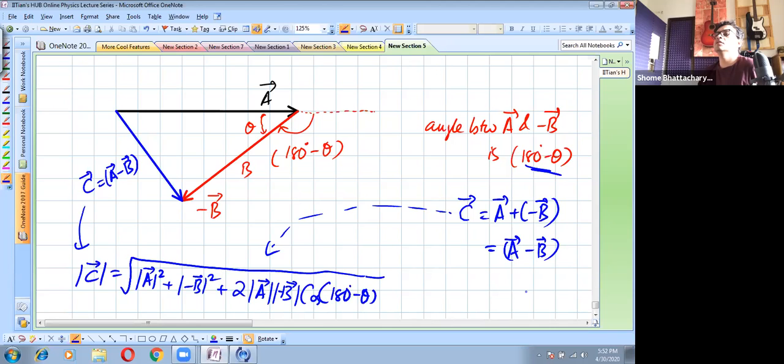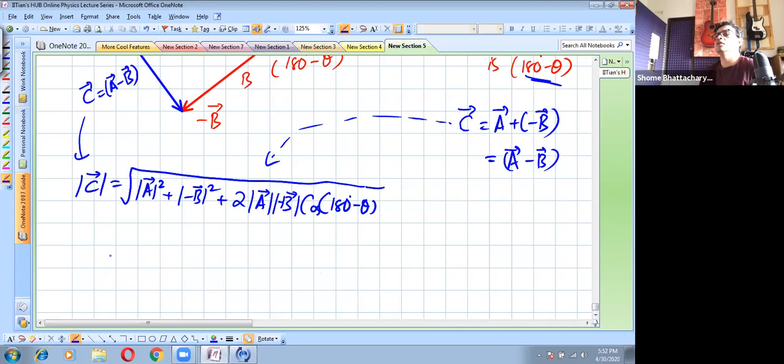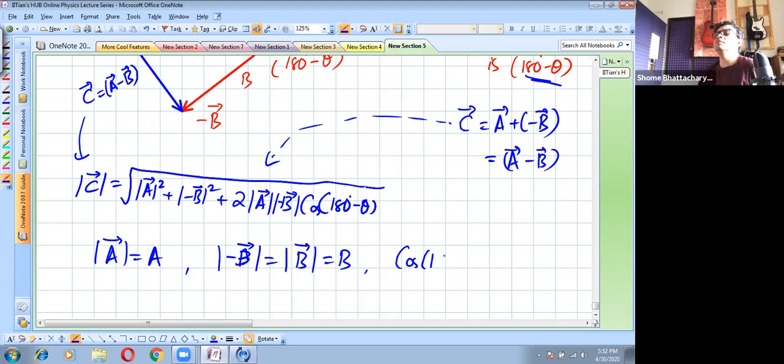Now in this I will use the fact that magnitude of A we already know, we've written it as capital A, but magnitude of minus B is actually the same as the magnitude of B, because they're just opposite vectors but of same magnitude. So that's B. And I have the formula cos of 180 minus theta is minus cos theta.